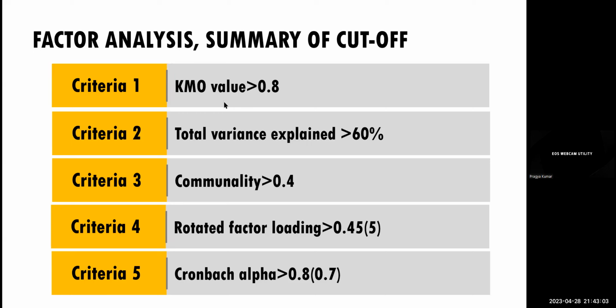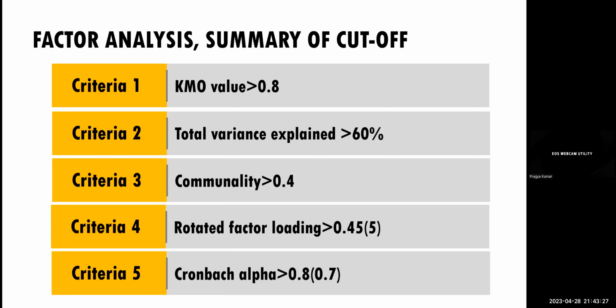KMO is for sample adequacy, it should be 0.8. Total variance, you now know it is 60%. Communality should be more than 0.4. That means uniqueness should not be more than 60. And then rotated factor loading is 0.45. This also you know. And Cronbach alpha also you know.